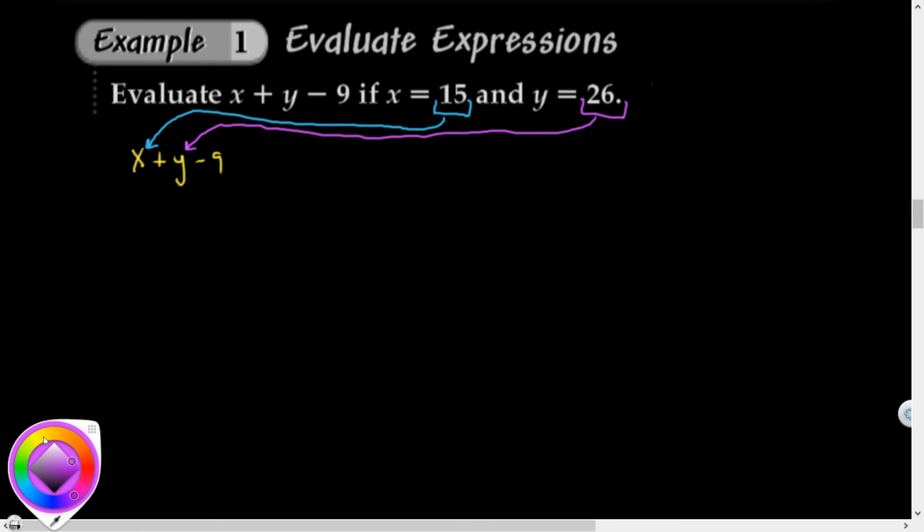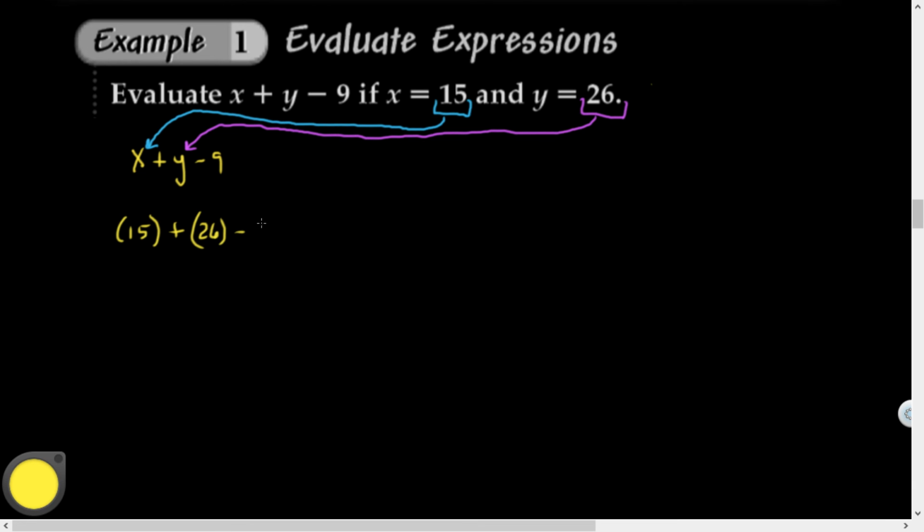When we substitute, just like Indiana Jones had his sand in a bag, he didn't just throw a pile of sand on the pedestal. It's a really good idea to substitute with parentheses. The parentheses is like your bag holding it together. In this case, it wouldn't matter, but I'll do it anyway. So I'm plugging in 15 for x and 26 for y.